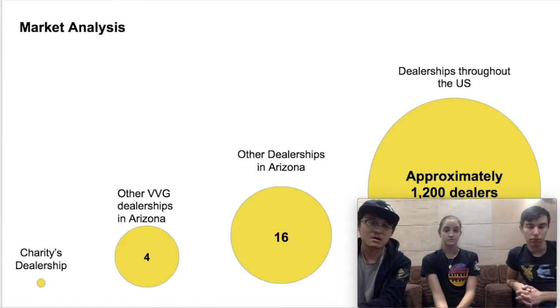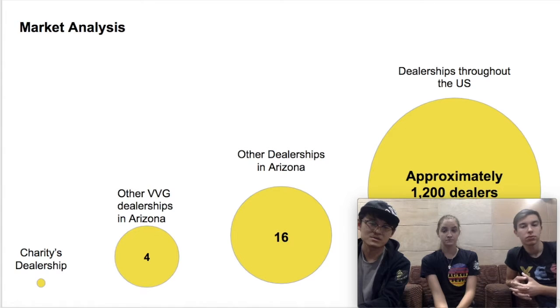In our market analysis, we'll start with a Chinese dealership as a startup, and then get to other VVG dealerships in Arizona, and they will reach other dealerships in Arizona, of which there are 16, and if we can grow quickly, we can actually reach the whole United States with approximately 1,200 dealers.